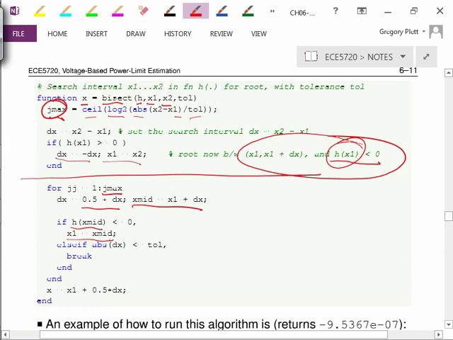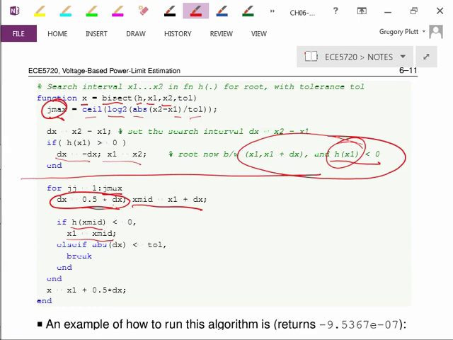Otherwise, I am really just replacing x2 with the x mid, but I've already done that in essence by saying dx is a half times dx, so I don't have to worry about updating an x2. I just have already updated dx to compensate. And if the absolute value of dx, this interval, is less than the tolerance, then I stop the for loop.